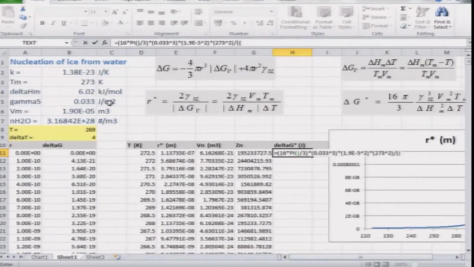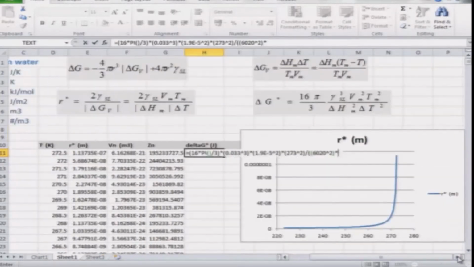So that takes care of the numerator, and then the denominator involves the enthalpy. If I look at the change in enthalpy here, it is 6.02 kilojoules, which we take as joules, so 6020 joules, squared, multiplied by the undercooling delta T, again squared.